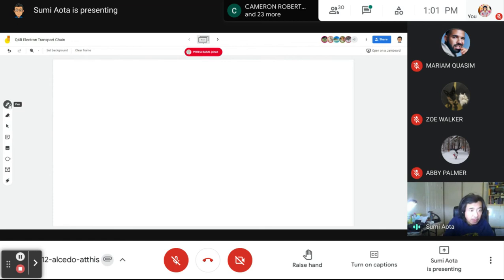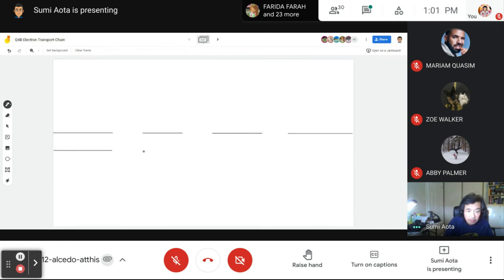And the first thing I'm doing, in black, is making the cristae. So this is going to represent my cristae. 1, 2, 3, 4, 1, 2, 3, and 4.